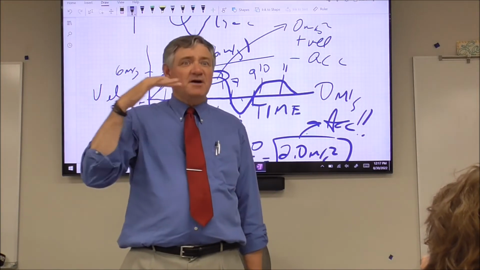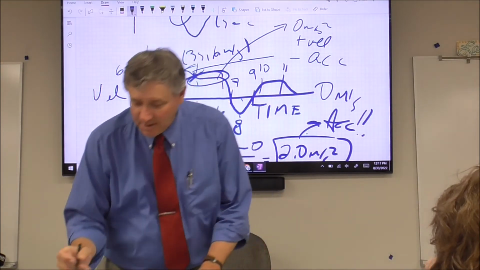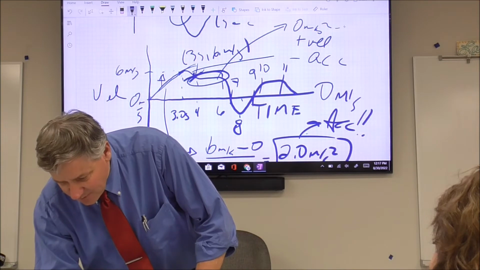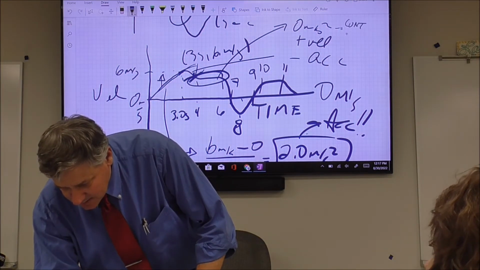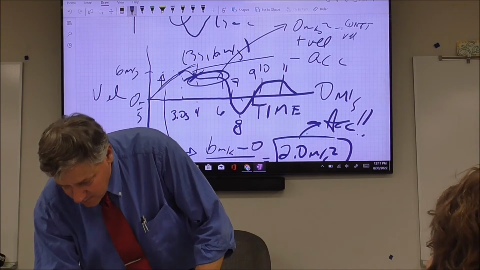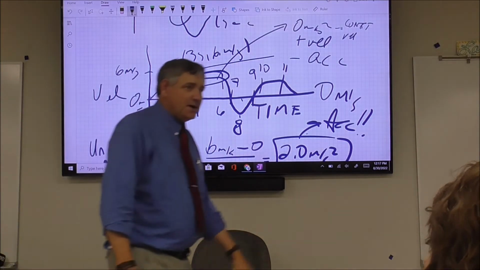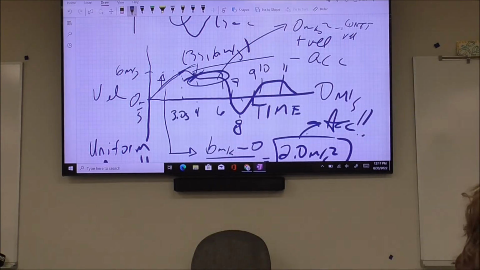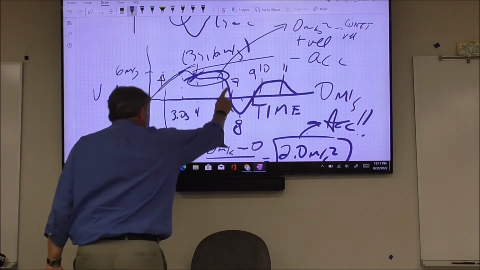So if you have 0 meters per second squared, you have no acceleration. So if you have 0 acceleration, you are at a constant velocity. So what I did is I started at rest, I sped up, slowed down a little bit, and then I'm going to move at a constant speed. Now, when I hit this point, what am I going to do?